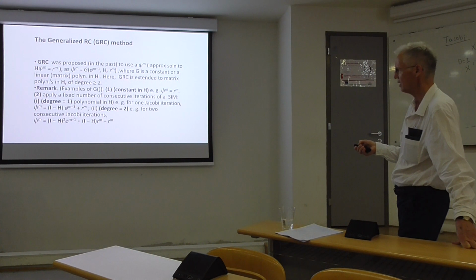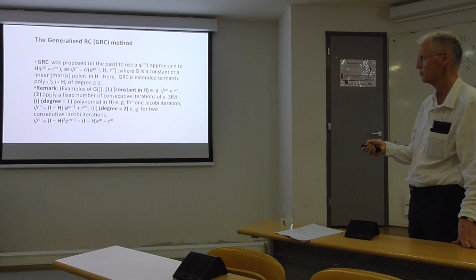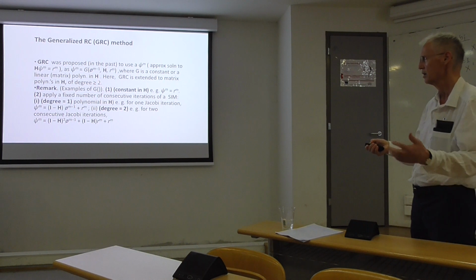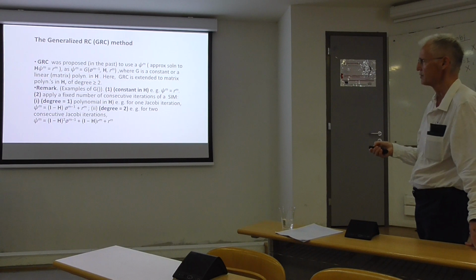And then I told him that we can extend it to any matrix polynomial of degree greater or equal to 2. So we considered it truly generalized in that sense.